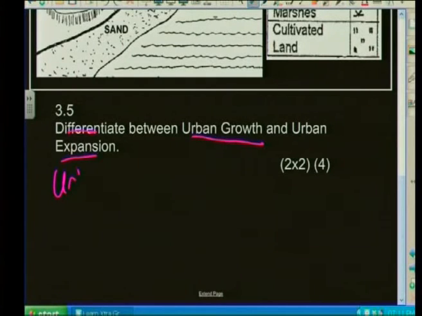Urban growth, a distinction is made between urban growth and urbanization. Urban growth refers to the natural increase in the population. Remember, there are people living in the urban area already, as well as people coming from the rural area to settle in the urban area.